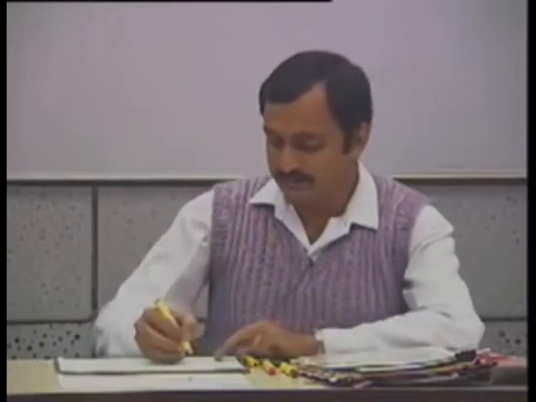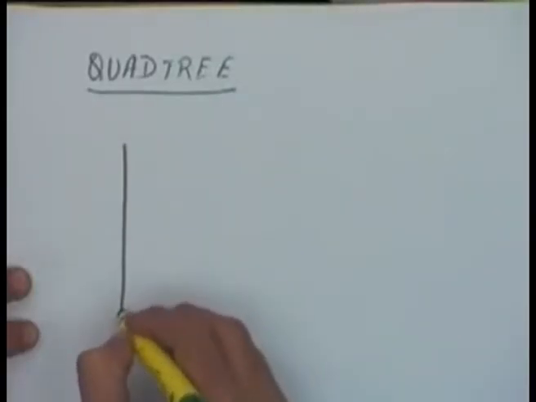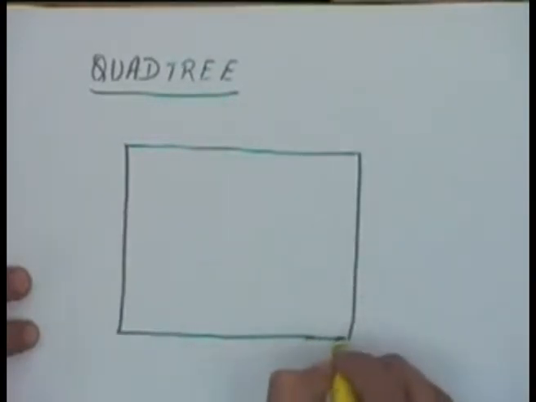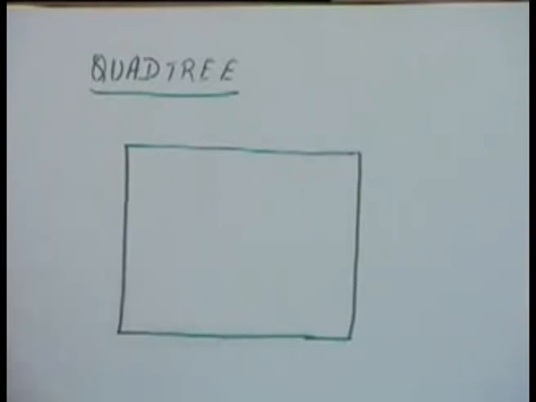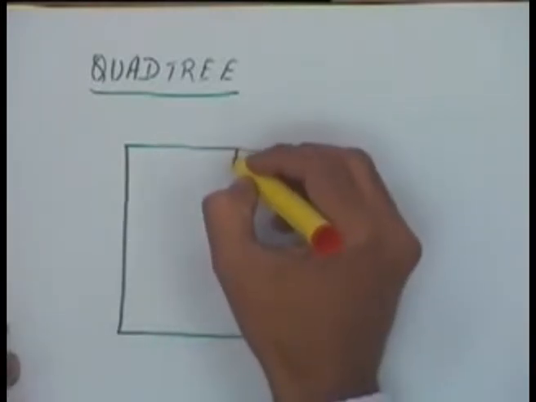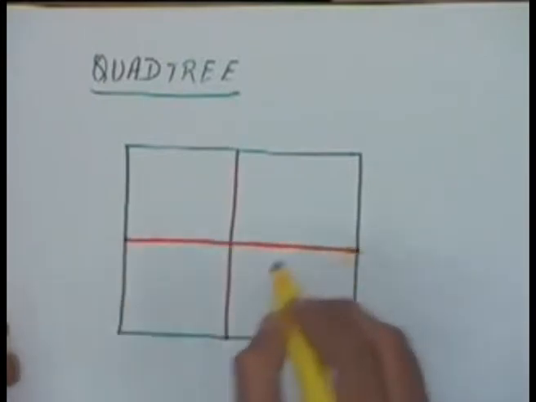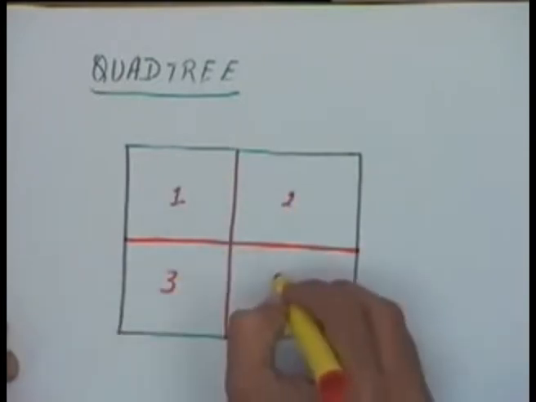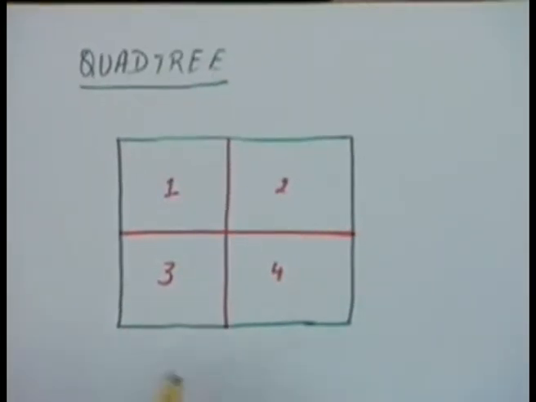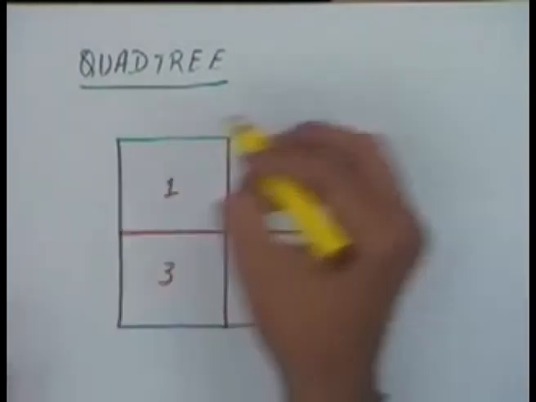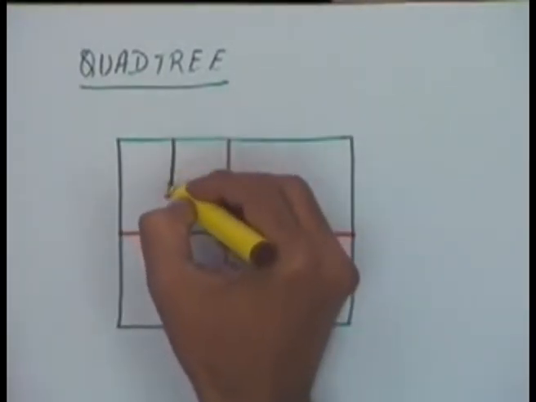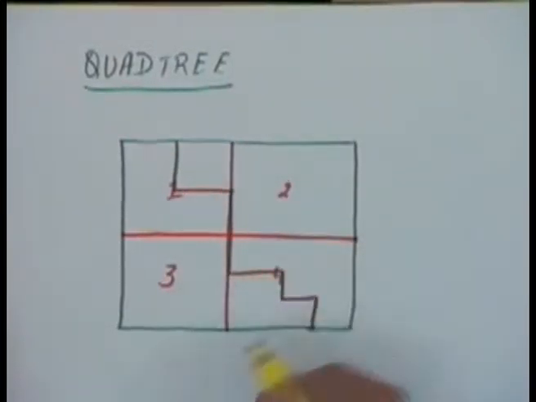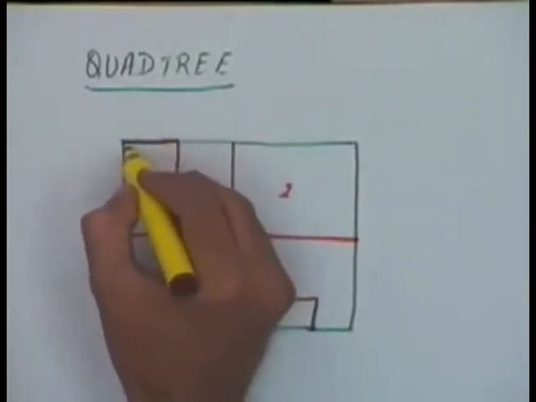For a 2-dimensional surface, if we have an area like this which has to be modeled, we will first divide it into 4 regions, numbered 1, 2, 3 and 4. Let us say the figure to be modeled is something like this; this is the region I am trying to model.